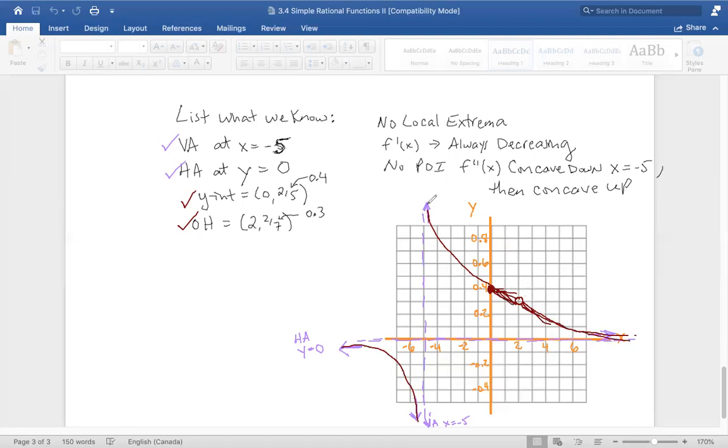Okay. And in terms of concavity, I'm concave down, so I should be looking like I'm frowning before x equals -5, before the vertical asymptote. So look, I am concave down. That is, let's say, the right side of someone's frown, right? And then I'm concave up for all the rest of the time. I should be looking like I'm smiling after that. Here it's concave up.